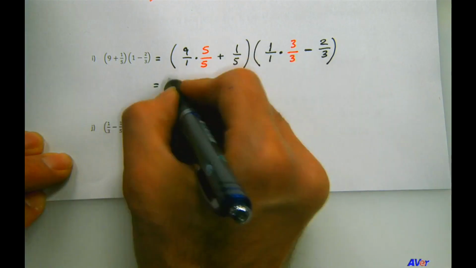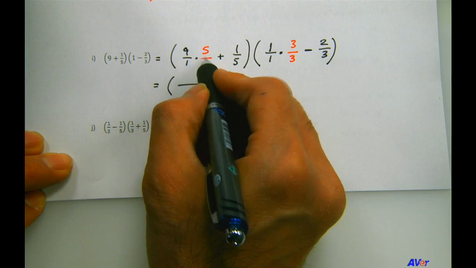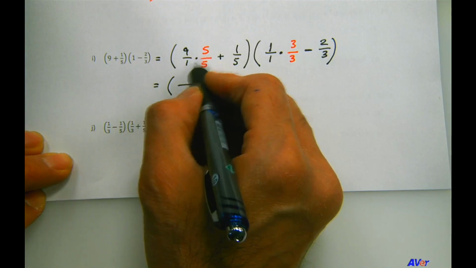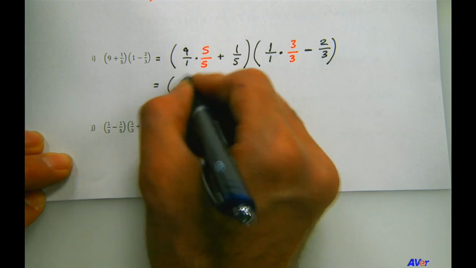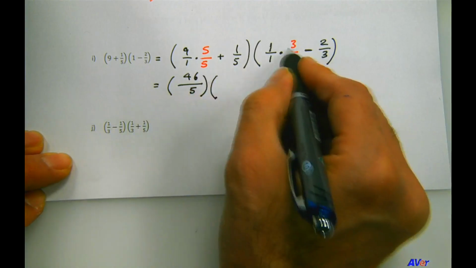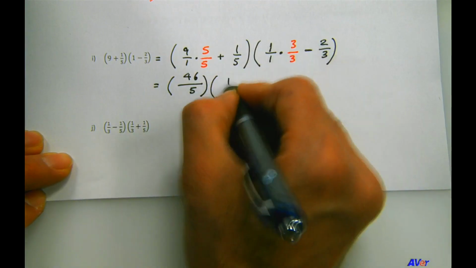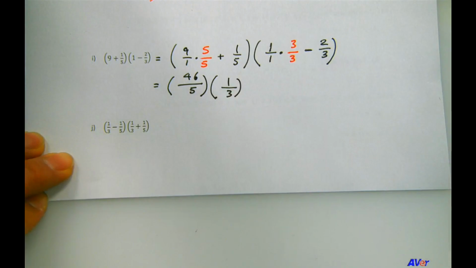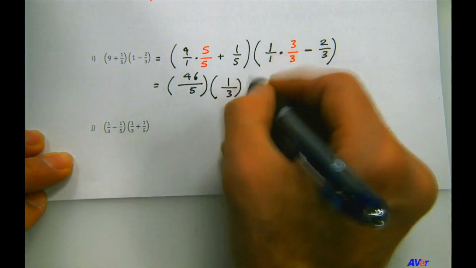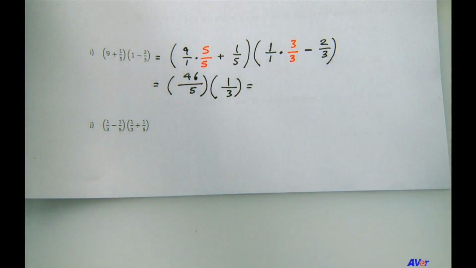Okay, so let's see what we have. Inside, 9 times 5 is 45. 45 plus 1 is 46 over 5 times, this is 3 minus 2, 1 over 3. So 1 over 3. Okay, so what do we end up with here? We end up with 46 over 15.